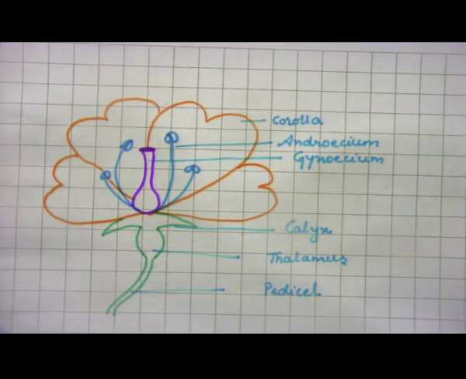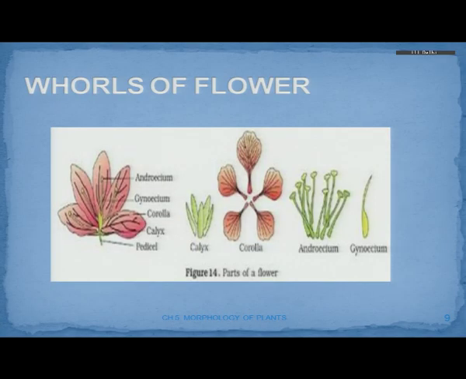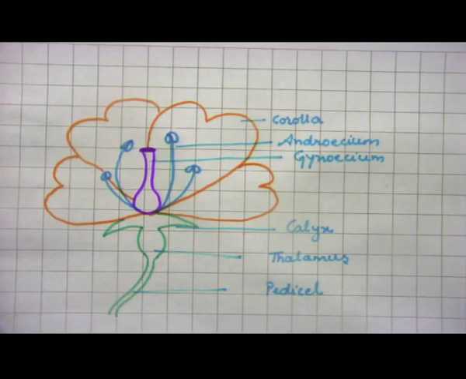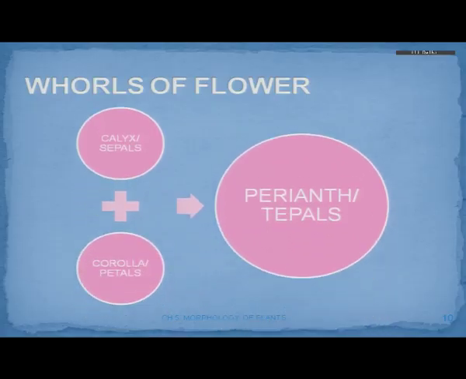Now, this is the most general structure, but as we have discussed earlier, not all flowers are similar. Sometimes it may happen that one or more whorls may be absent from a flower. For example, in case of unisexual flowers, only the male or female whorl might be present. In such a case, the flower will have only 3 whorls. Moving ahead, I was talking about modifications.